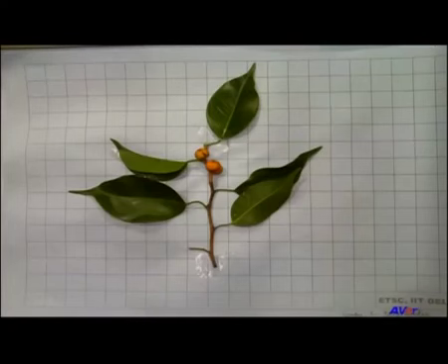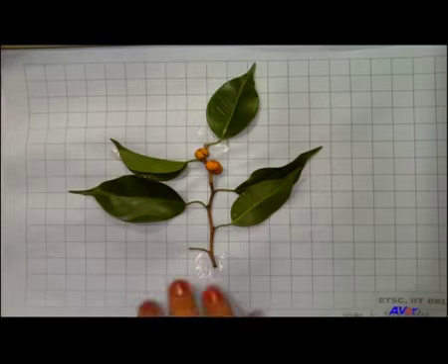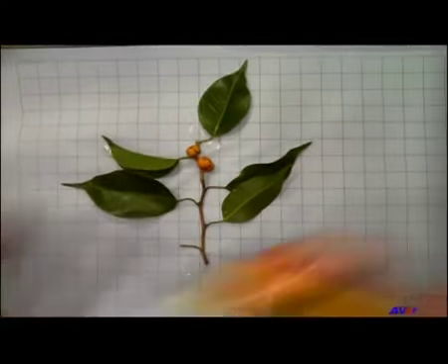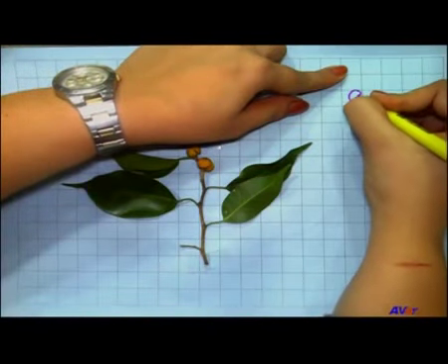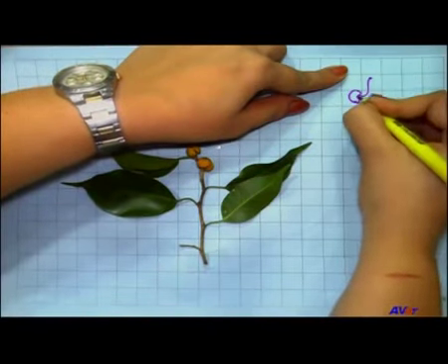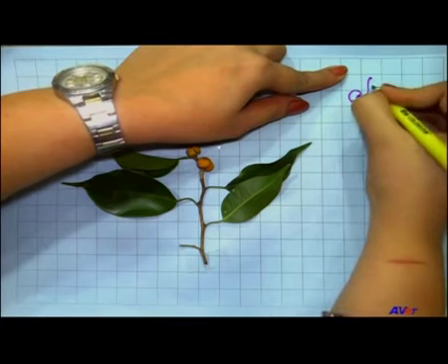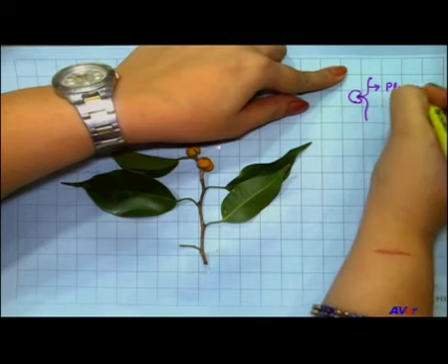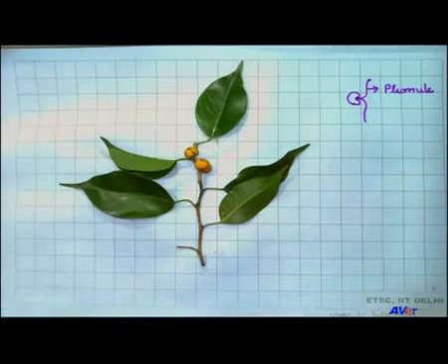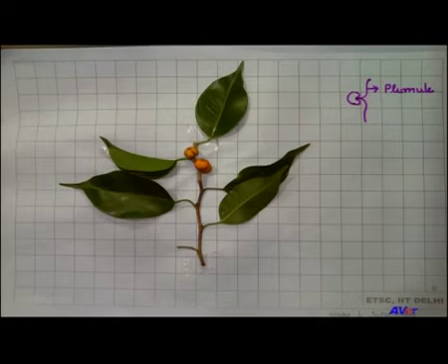If a root is a structure that originates from the radicle, then the stem is the structure which originates from the plumule. Again referring to the earlier diagram, there were two structures, one was radicle, the other is plumule, and plumule gives rise to the stem.